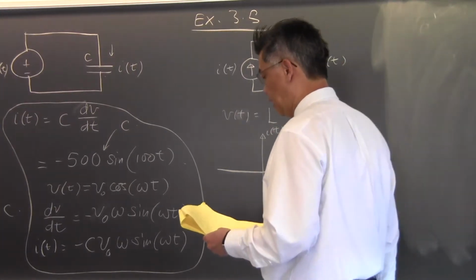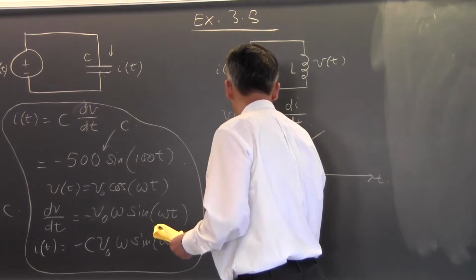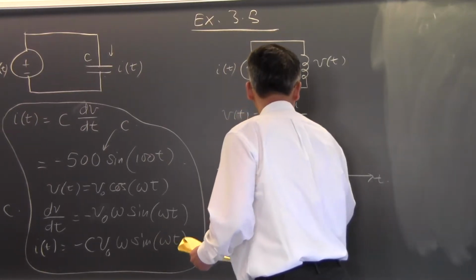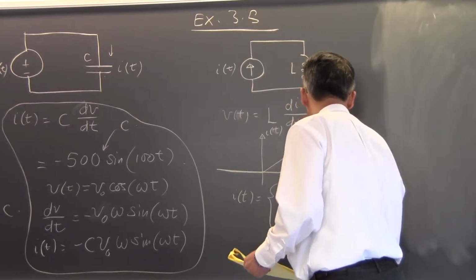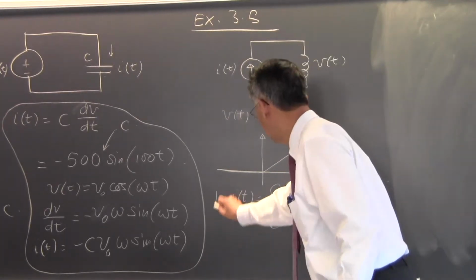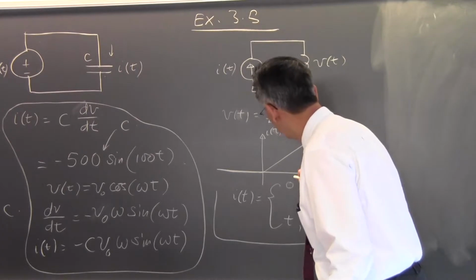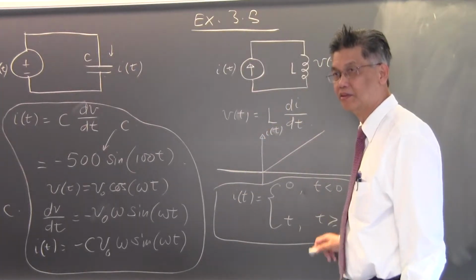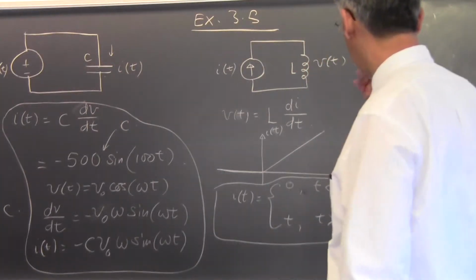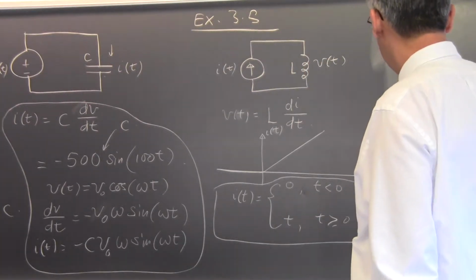Okay? I of t is equal to 0 for t less than 0, is equal to t for t larger than or equal to 0. You understand this kind of notation, right? Does everybody understand this notation? So it's easily understood. So that describes that signal over there.